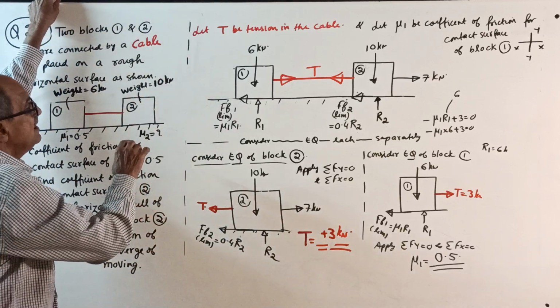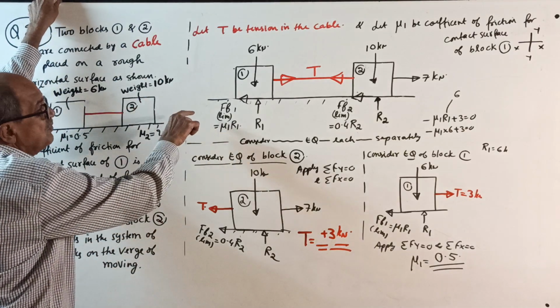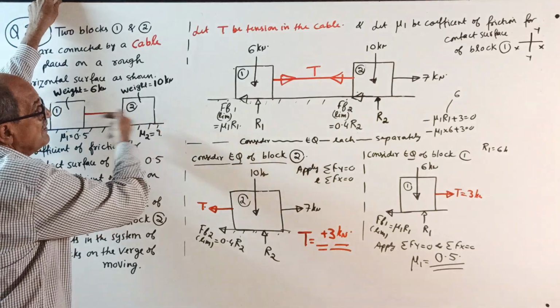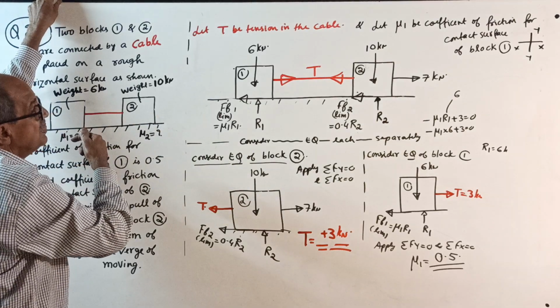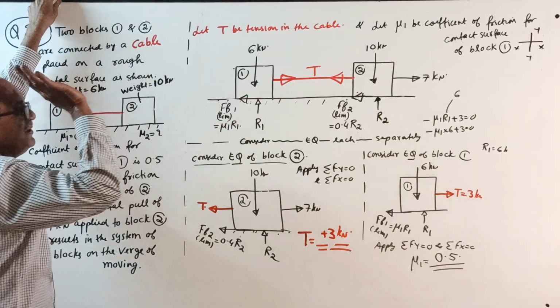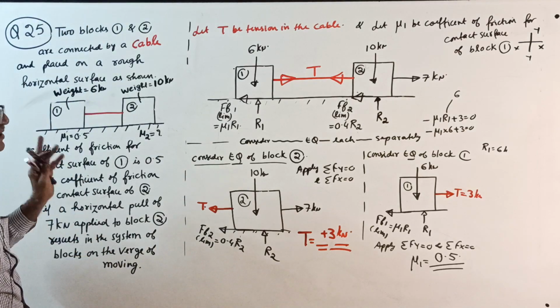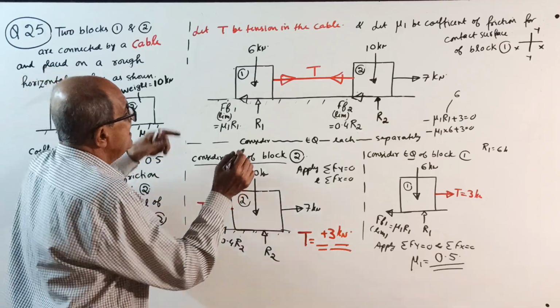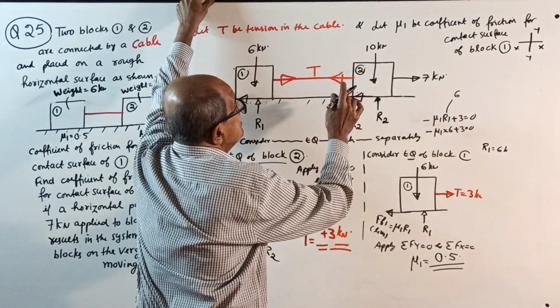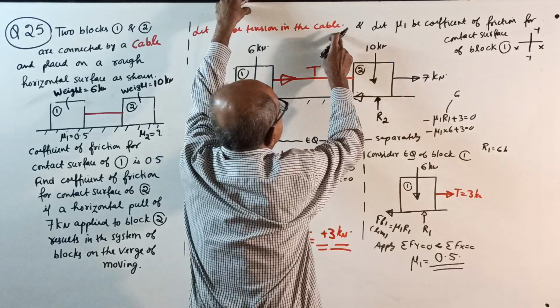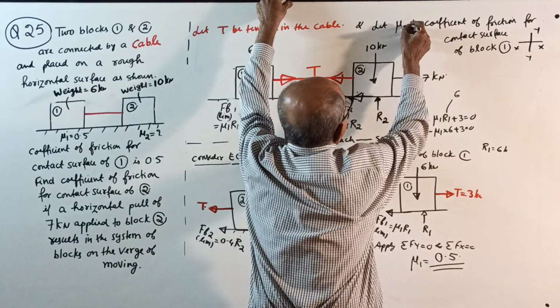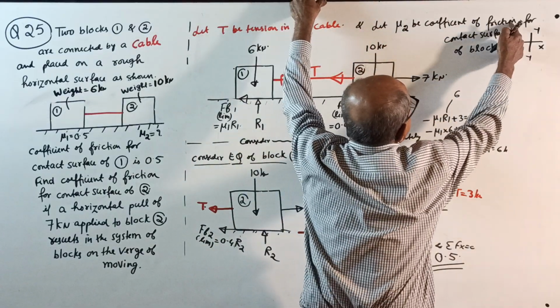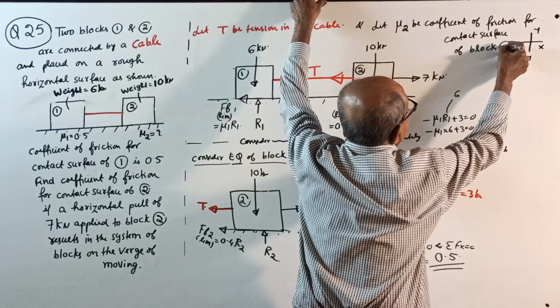So once again, a horizontal pull of, shall I take it on the left side? No. Okay, let it be that side, the same question. Now write all the statement and then see here. Let T be the tension in the cable and mu2 be the coefficient of friction for the surface of block 2.